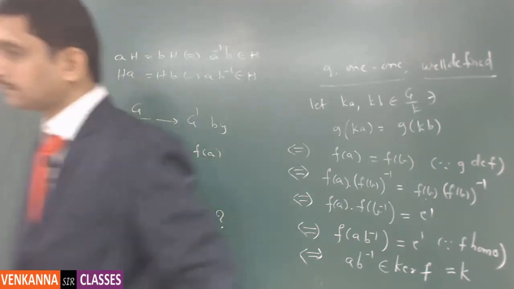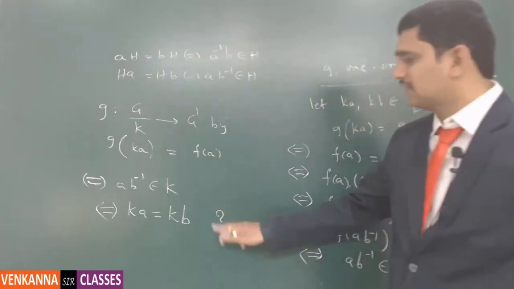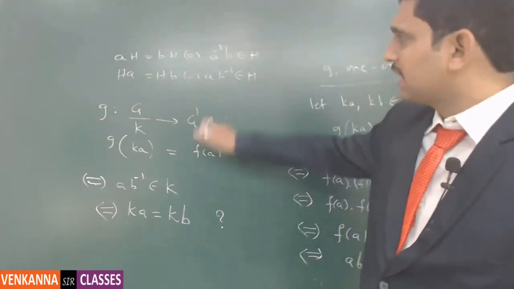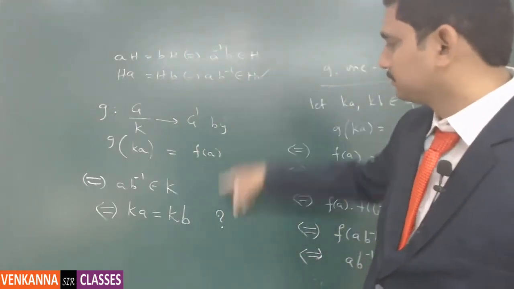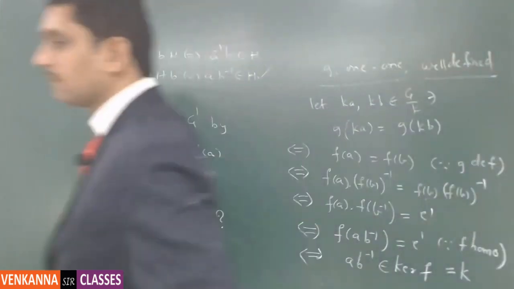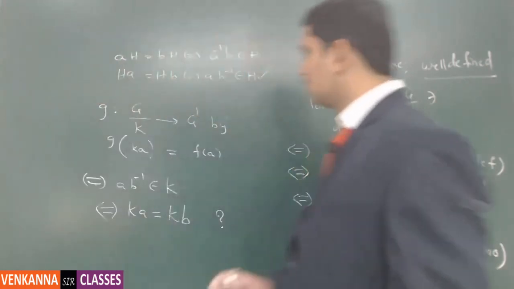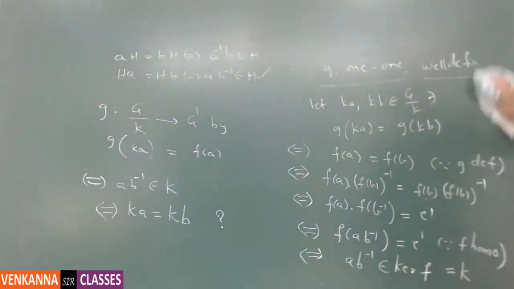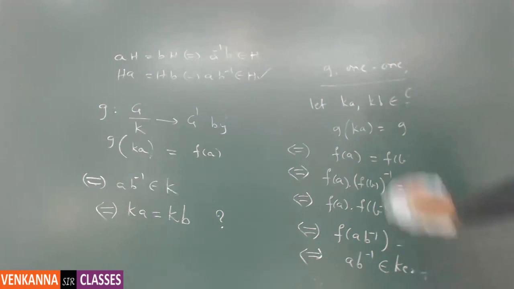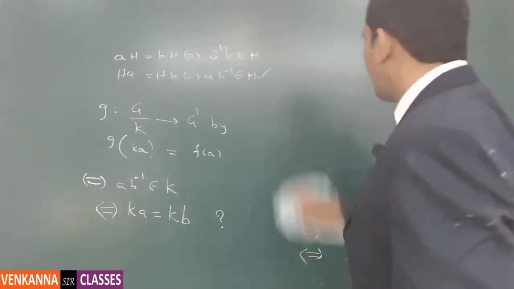Okay? So what is the reason for this step? This step is taken because of this condition. Right. Now, I am going to prove that the function g is a homomorphism.